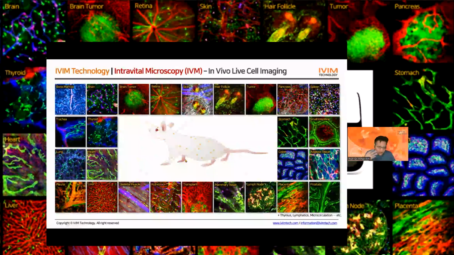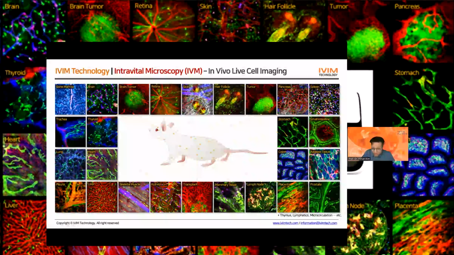So we have been able to image the bone marrow, brain tumor, retina in the eye, skin, as I showed in previous slides, hair follicle, and various tumor models. This particular example is actually colorectal cancer model, pancreas, spleen, GI tract, adipose tissue.